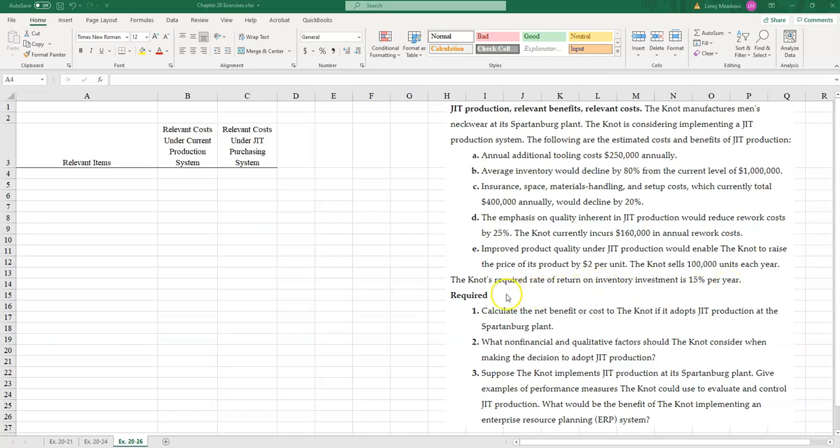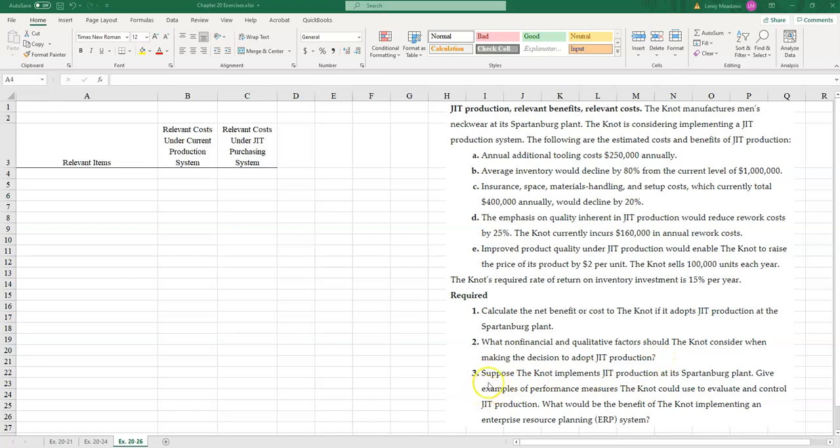So we're asked to do three things. First of all, we're asked to calculate the net benefit or cost to the Knot if it adopts just-in-time production at the Spartanburg plant. Two, what non-financial and qualitative factors should the Knot consider when making the decision to adopt a just-in-time production system.